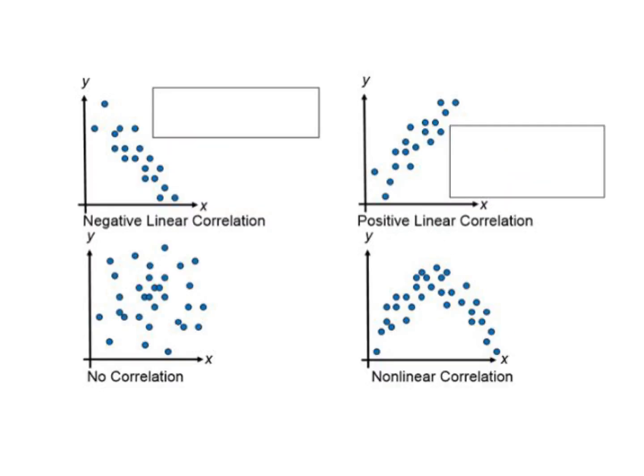So if we take a look at these, we can see the directions that they're going. This first example is a negative linear correlation. Think about it like the slope of a linear function. It's going in a negative direction, so as x increases, y decreases.